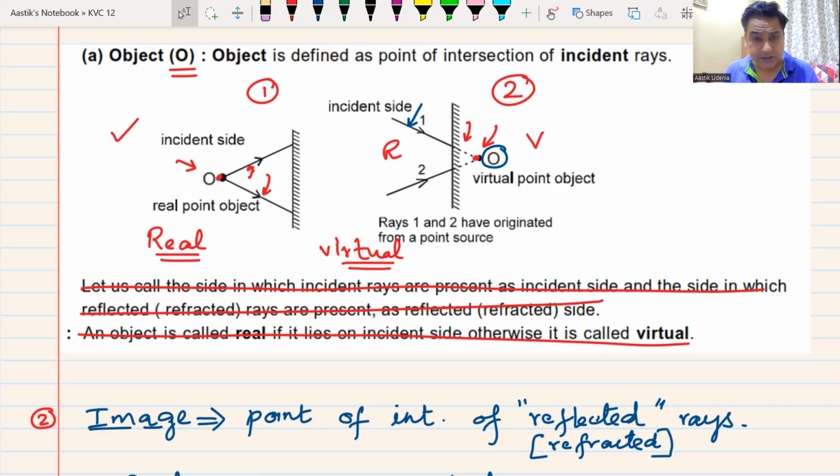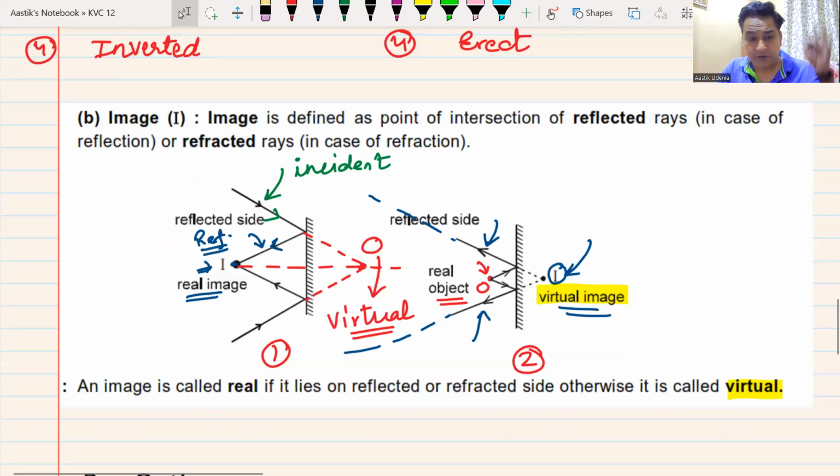So image is defined in terms of the reflected or the refracted ray, and the object is defined in terms of the incident ray. We had seen those definitions of object and image. We had also seen the difference between real image and virtual image.